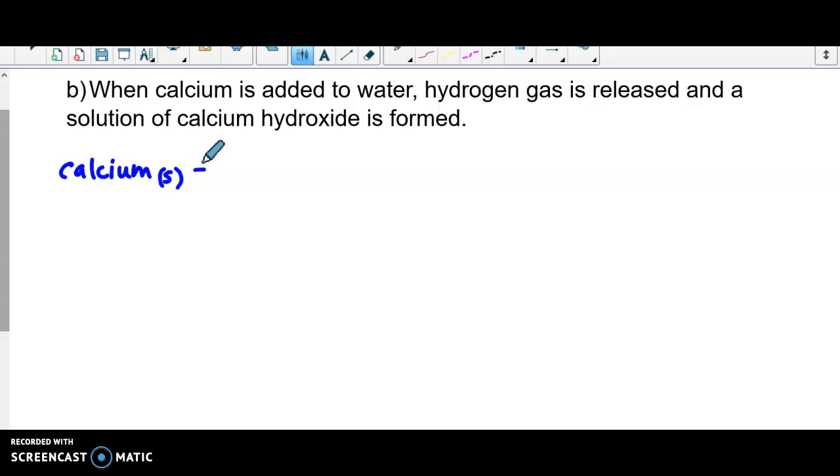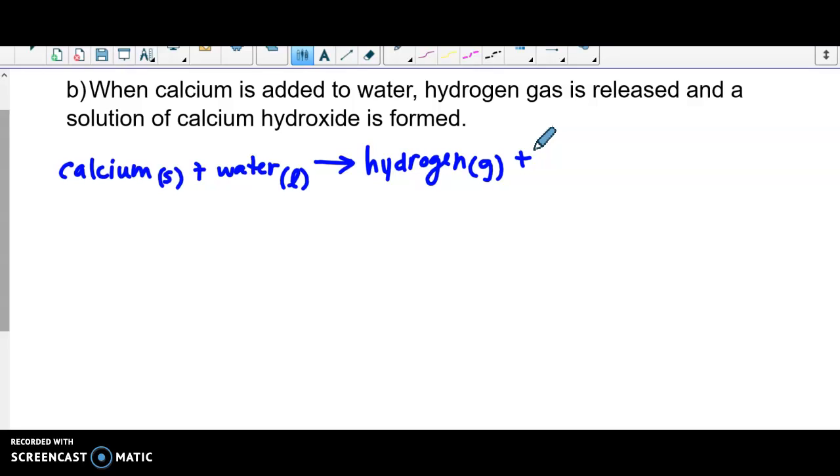So when calcium is added to water, our other reactant is water. Water is a liquid at standard room temperature and pressure. Hydrogen gas is formed, and calcium hydroxide is formed.